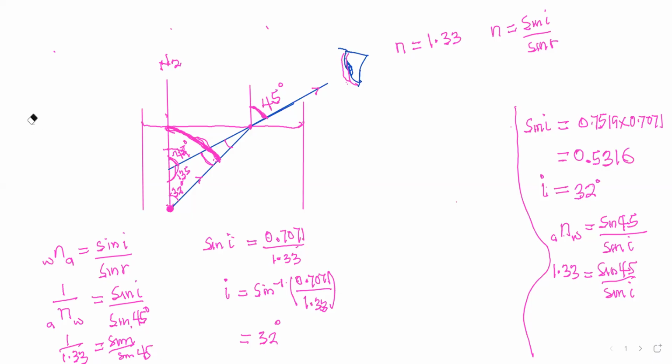So that gave us 13. So if this is 13, then the actual angle of inclination from the surface to the stick where it doesn't actually get bent will be 45 plus 13, which is 58 degrees. So that's the actual inclination of the stick.